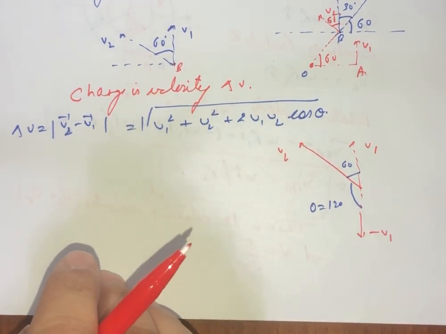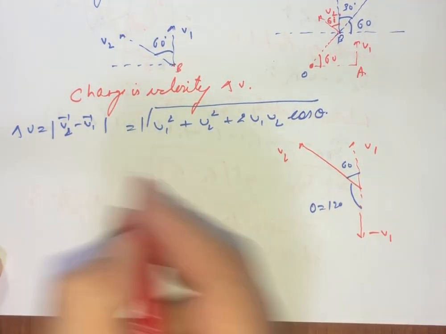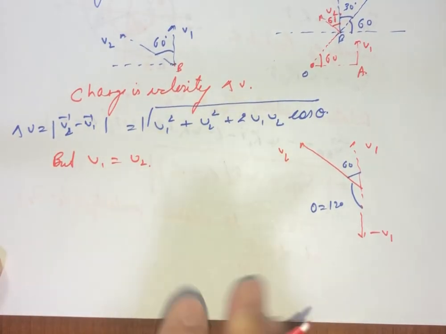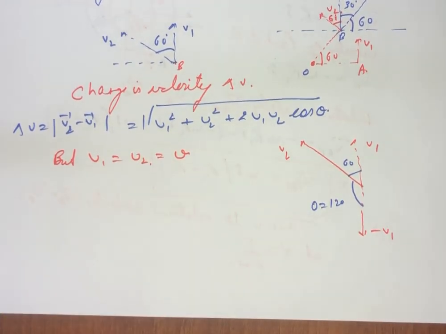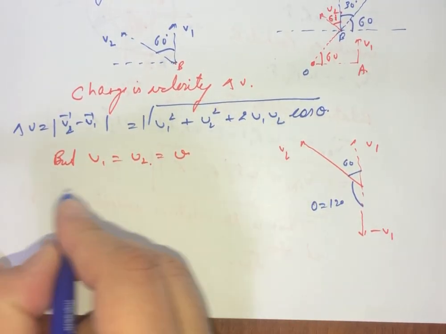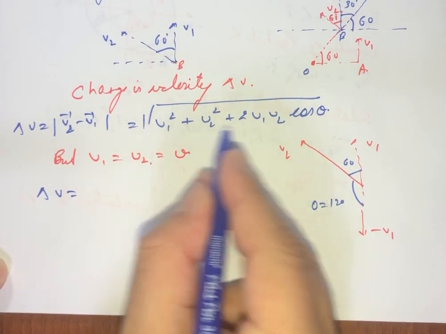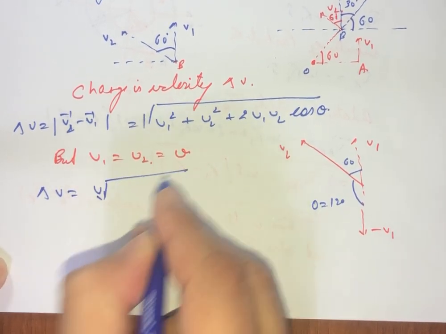And secondly, we got the value of theta, and V1 will be also equal to V2. Let us suppose that is equal to V. So we can modify this equation as delta V is equal to, this will be twice and twice, so V will be coming as common.